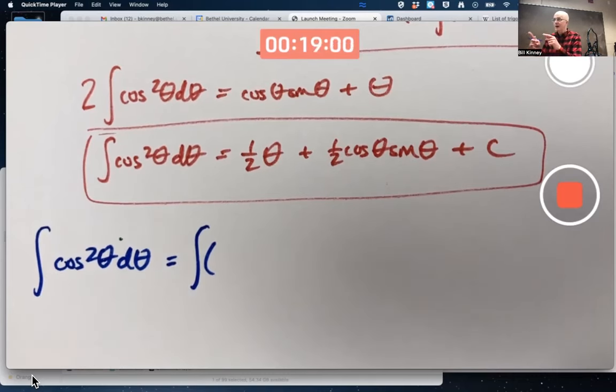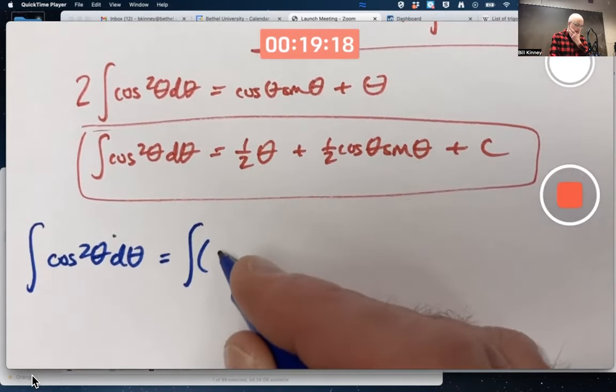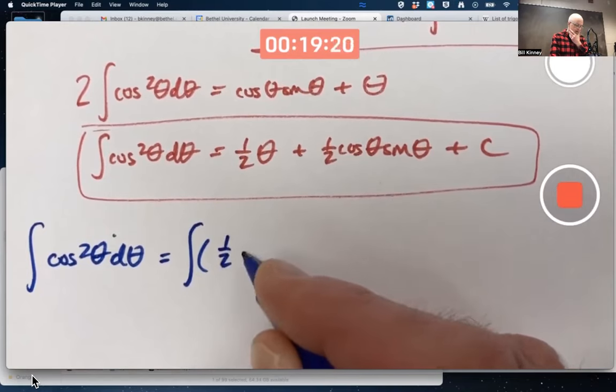We do give on every gateway version products of powers of cosine and sine where one of the powers is odd. We already did an example like that. That shows up on every example gateway. But this one doesn't. However, it's a very useful integral.